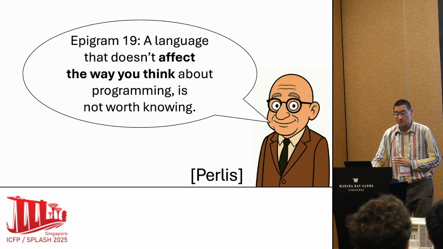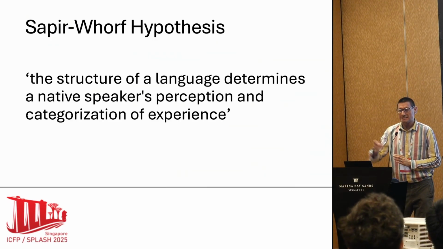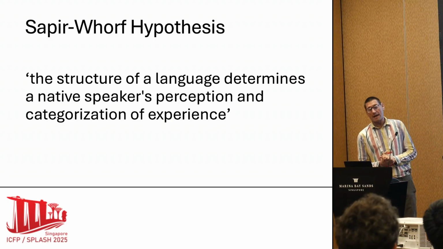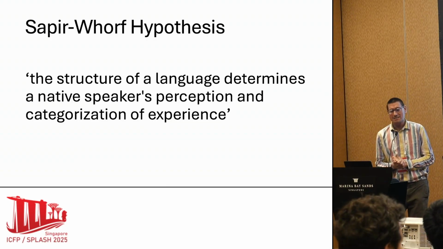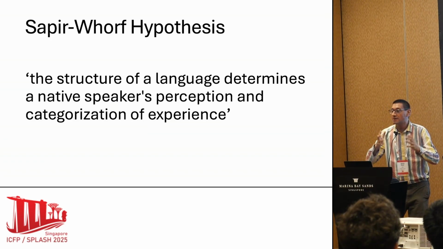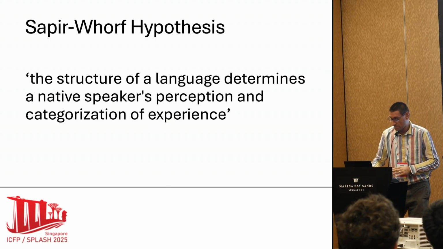Really, Perlis has specialized to the domain of programming the more general Sapir-Whorf hypothesis, which may have been debunked in general linguistics, but let's just go with it for now. The structure of a language determines a native speaker's perception and categorization of experience. How you talk somehow determines, or at least influences, how you think. And we're going to contend that that's true for programming languages today.